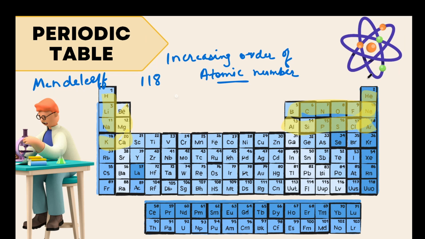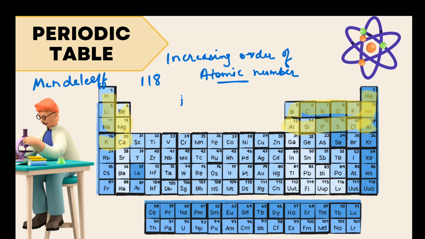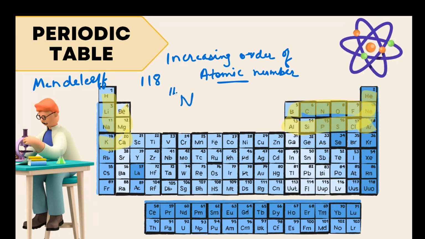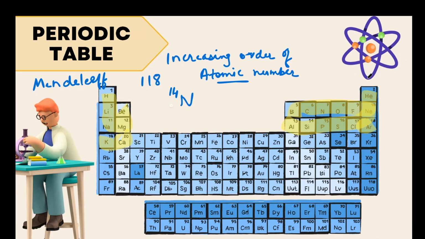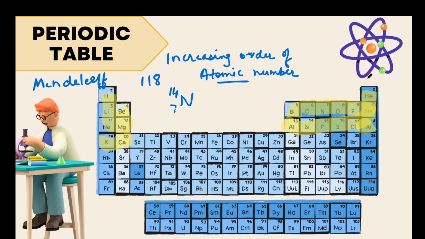Now if we take the example of the element nitrogen, nitrogen has a mass number 14 and atomic number 7.